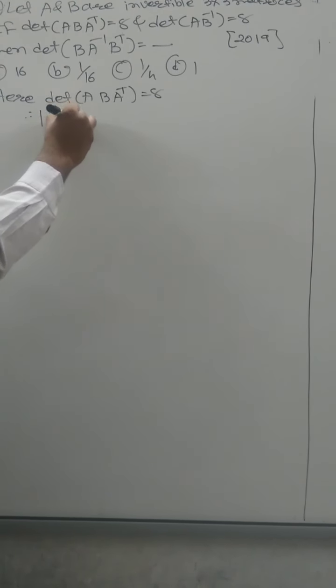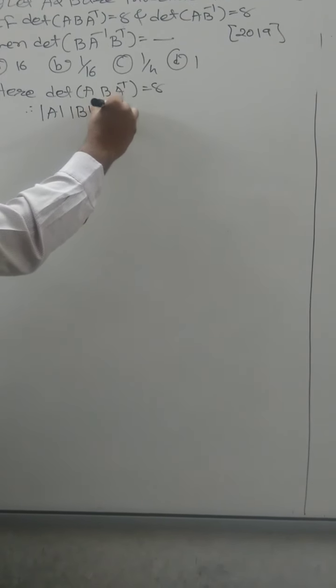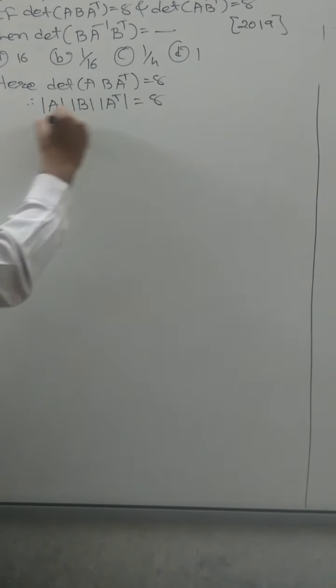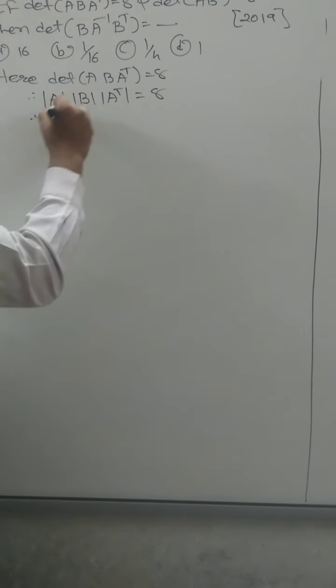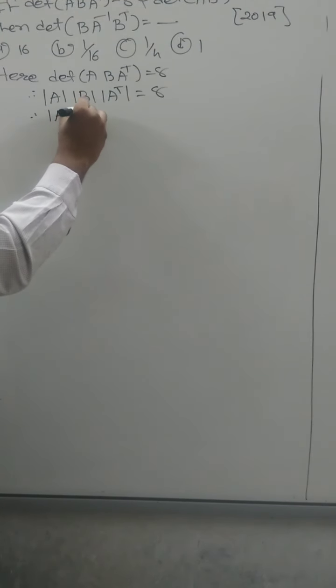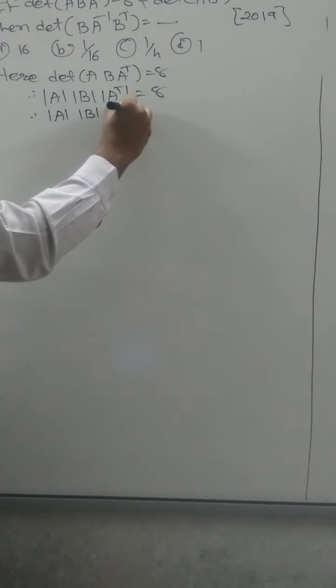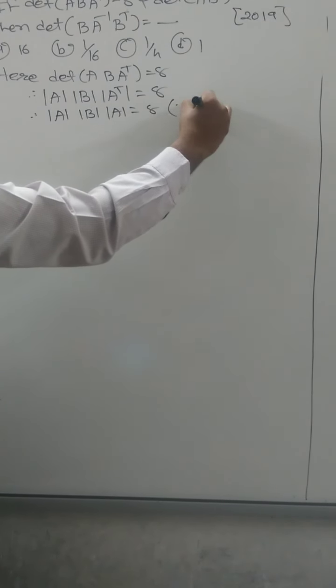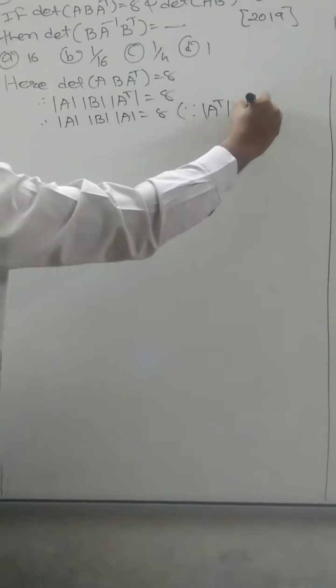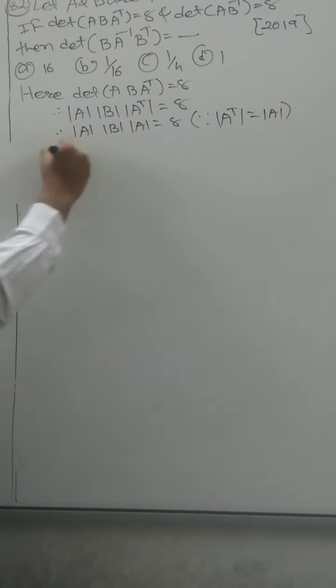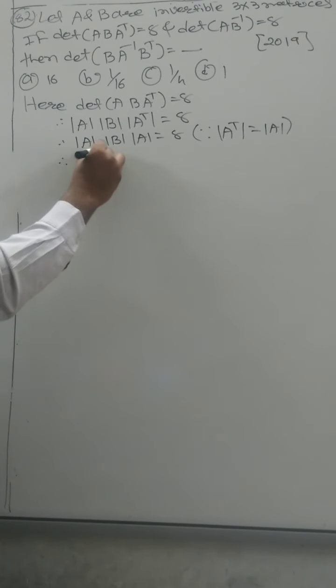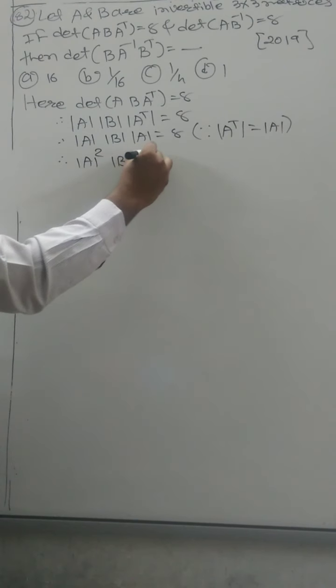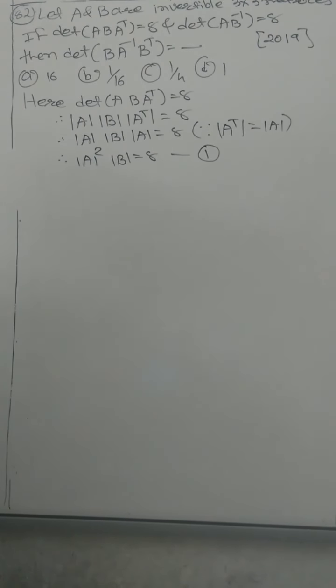Therefore determinant of A times determinant of B times determinant of Aᵀ equals 8. Now determinant of Aᵀ is equal to determinant of A. So determinant of A squared into determinant of B is equal to 8. This is our first result.